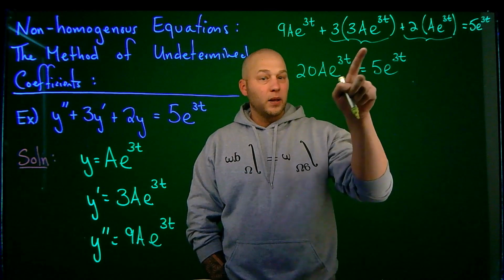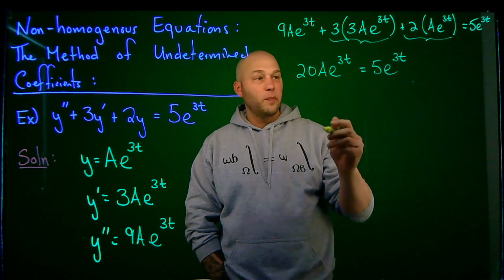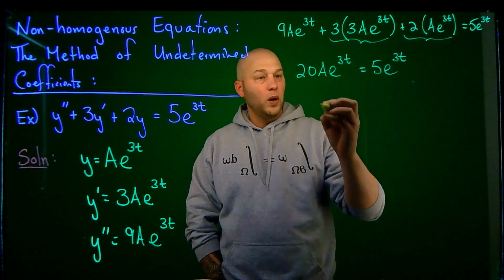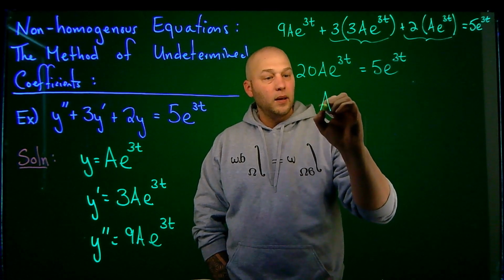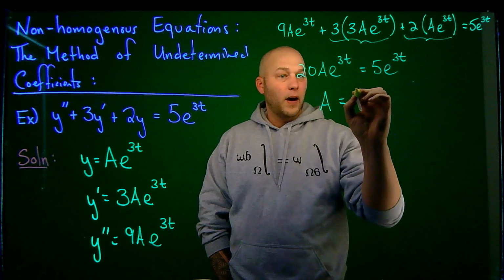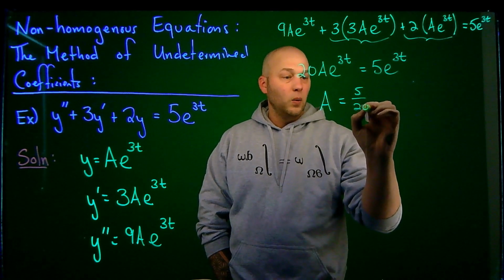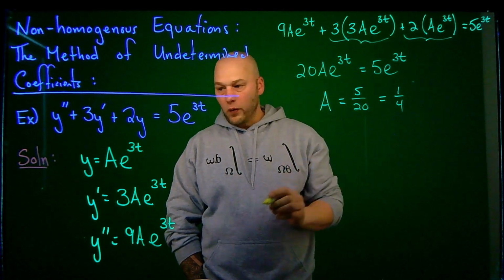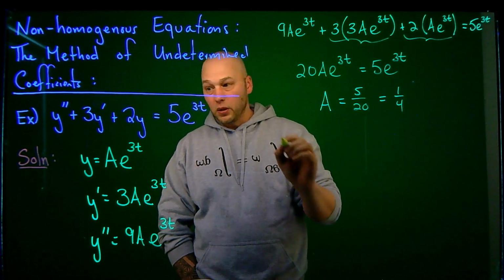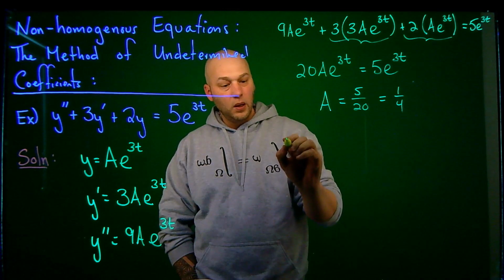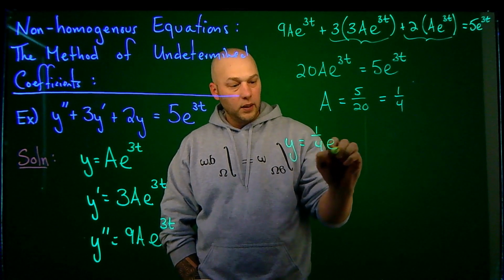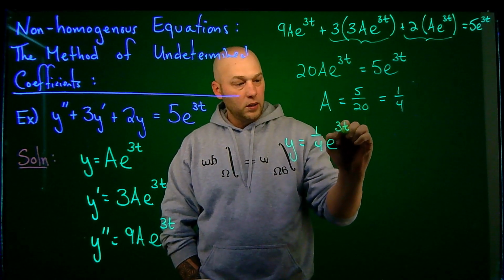Well, the exponentials are never 0, so I can divide by the e to the 3t, and then I can divide both sides by 20, which is going to give me a is equal to 5 over 20, which of course is equal to 1/4, and therefore my solution to this differential equation would be y is equal to 1/4 e to the 3t.